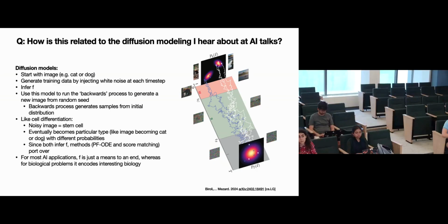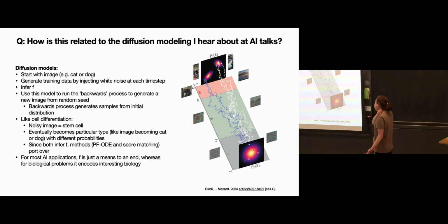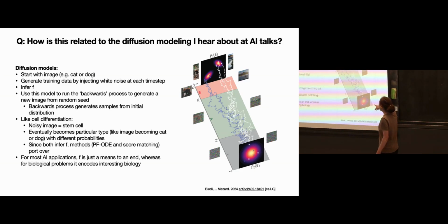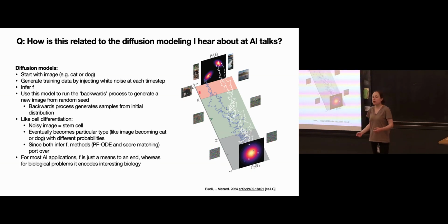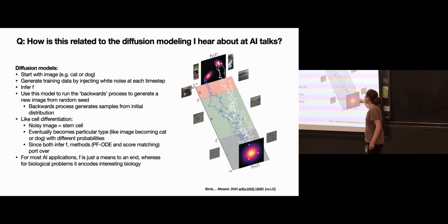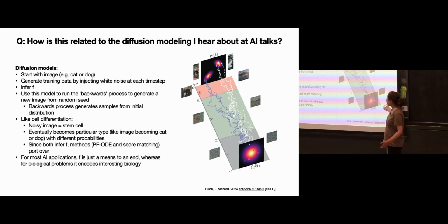So in some sense, this is actually quite analogous to the problem that we were just talking about, right? You can think of the noisy image as your stem cell. There are small differences in terms of where you start that will eventually determine where you end up.